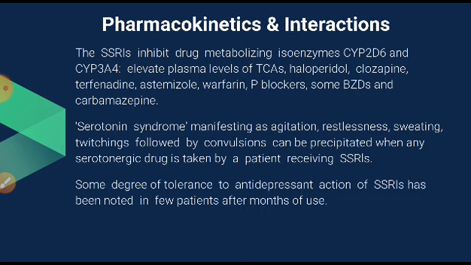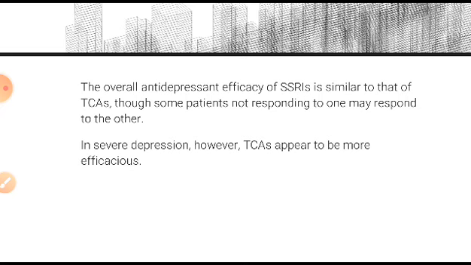Some degree of tolerance to the antidepressant action of SSRIs has been noted in few patients after months of use. The overall antidepressant efficacy of SSRIs is similar to that of TCAs, though some patients not responding to one may respond to the other.